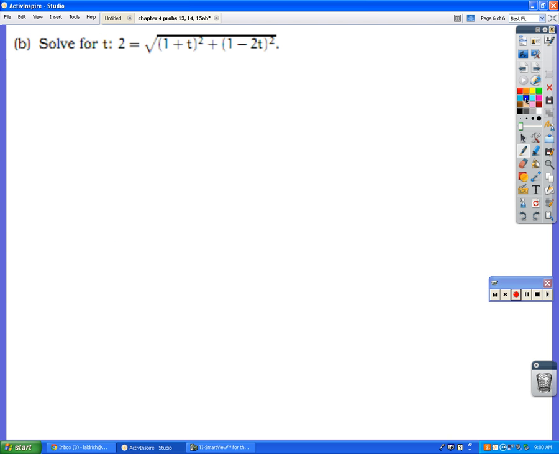Okay, and then the last one, solve for t this time. So how do you want to start that? Square both sides. So 2 squared is 4. This stuff squared is, the square root just goes away, right?